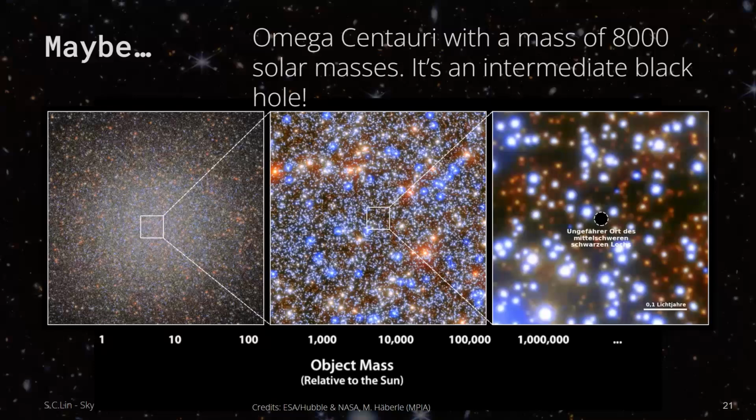They didn't see anything at the center of these stars, but the stars do orbit around that point. By estimating how these things are orbiting, they think that there is an intermediate black hole at the center of all the orbits of the stars around it.